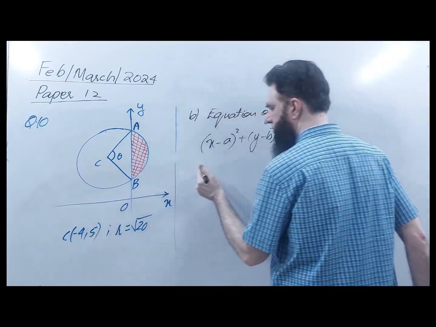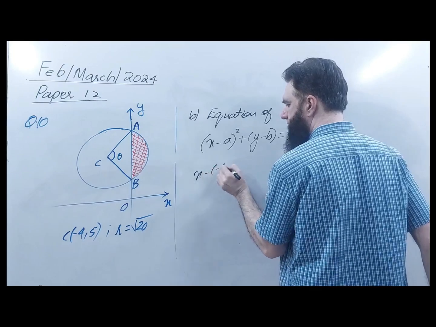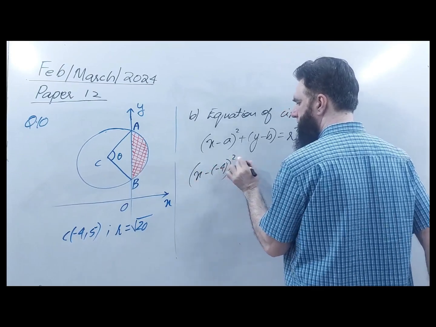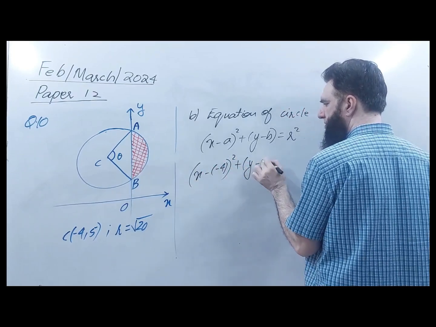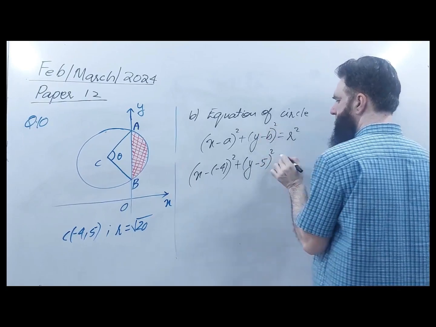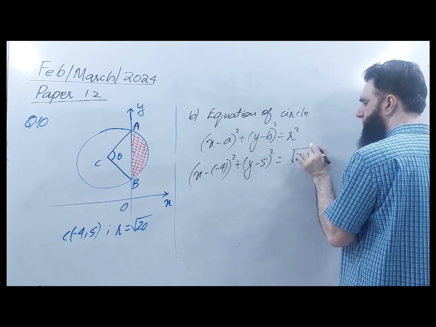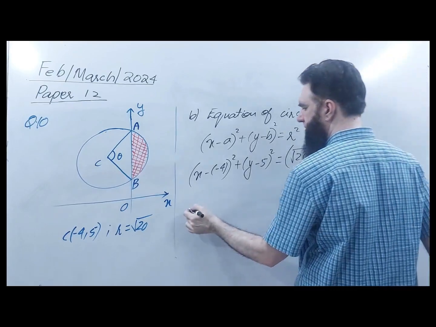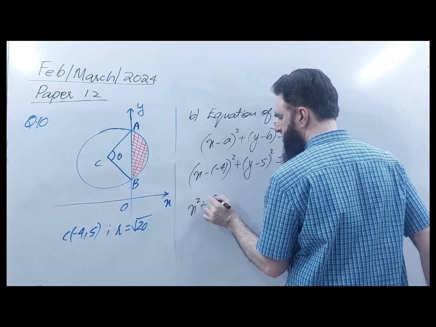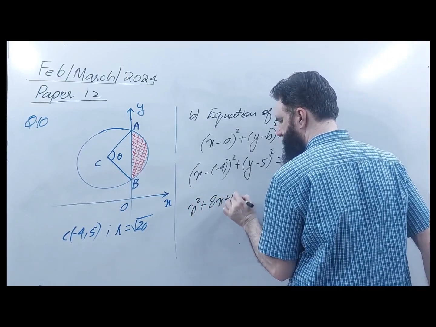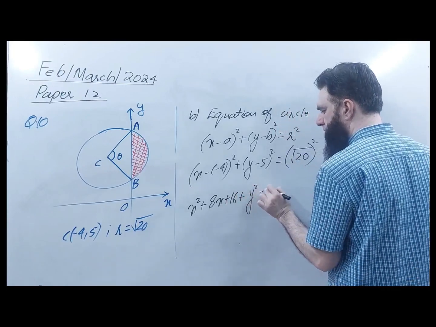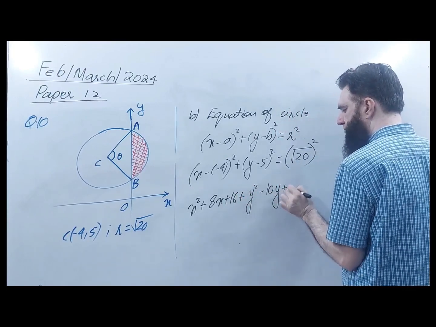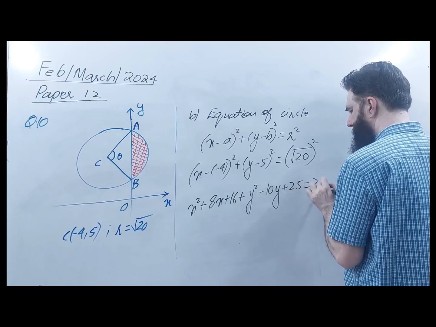A and b are the coordinates of the center. We are given the center's coordinates, so (x minus 4) whole square plus (y minus 5) square is equal to r square, under root 20 square. You just have to simplify it. Make sure that you do it correctly. Plus 8x plus 16, minus 10y plus 25 equals 20.